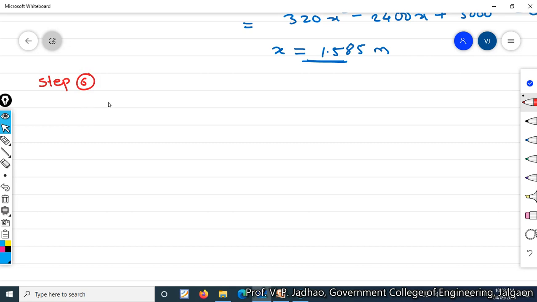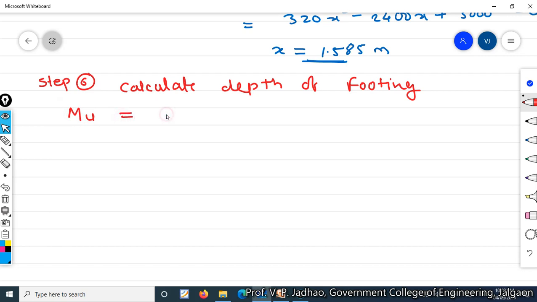Step number 6 is to calculate the depth of footing. Now we know that the value of bending moment Mu max, or Mu, is equal to 1500 kilonewton meter.